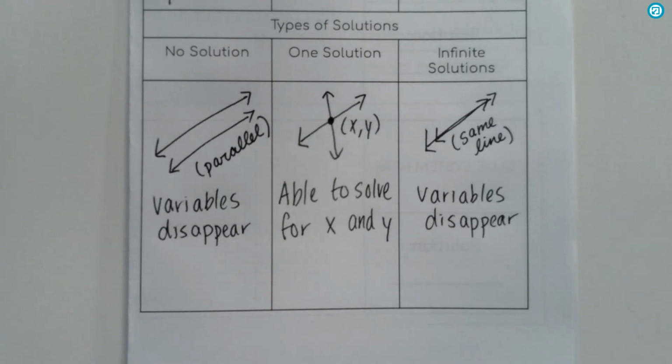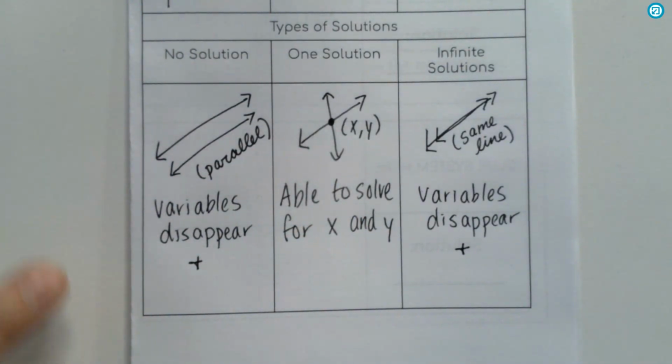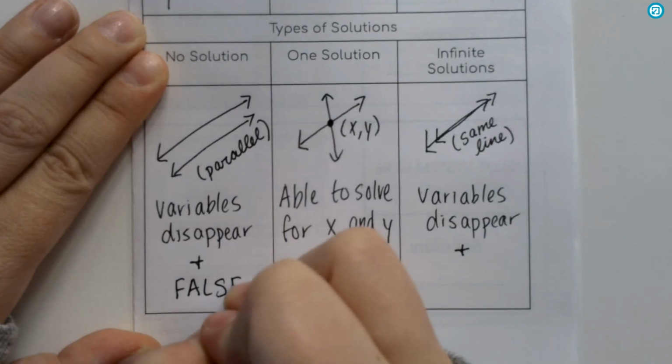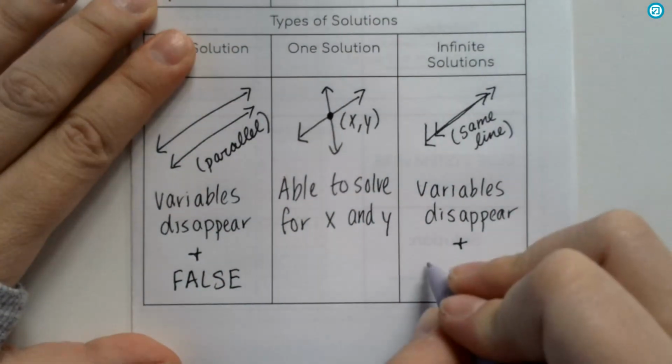The difference is what's left. With no solution, your variables disappear and you are left with a false statement. With infinite solutions, your variables disappear and you are left with a true statement.